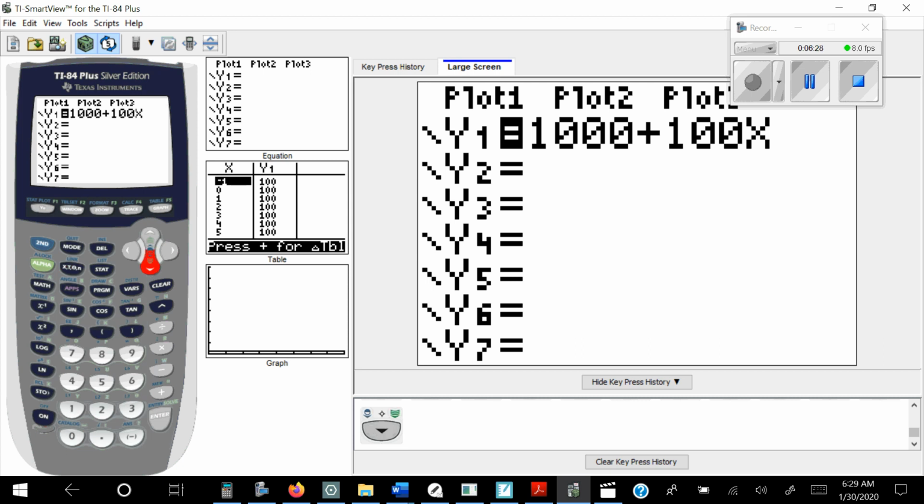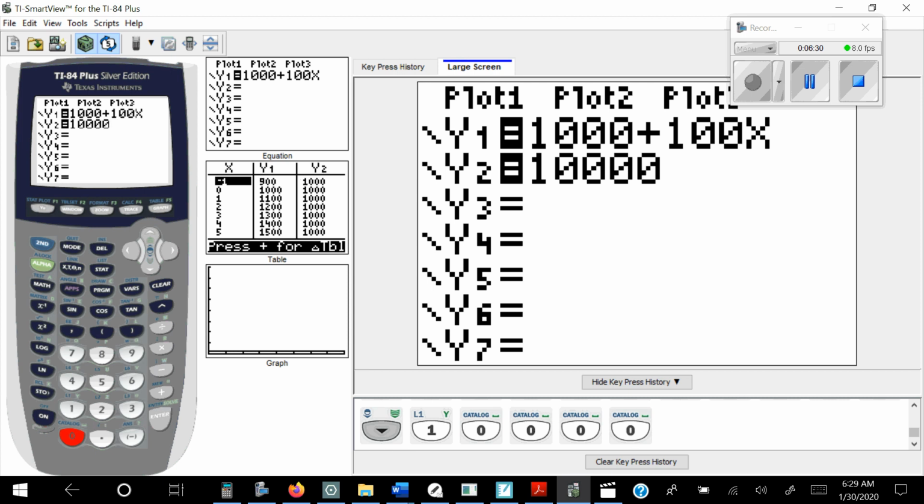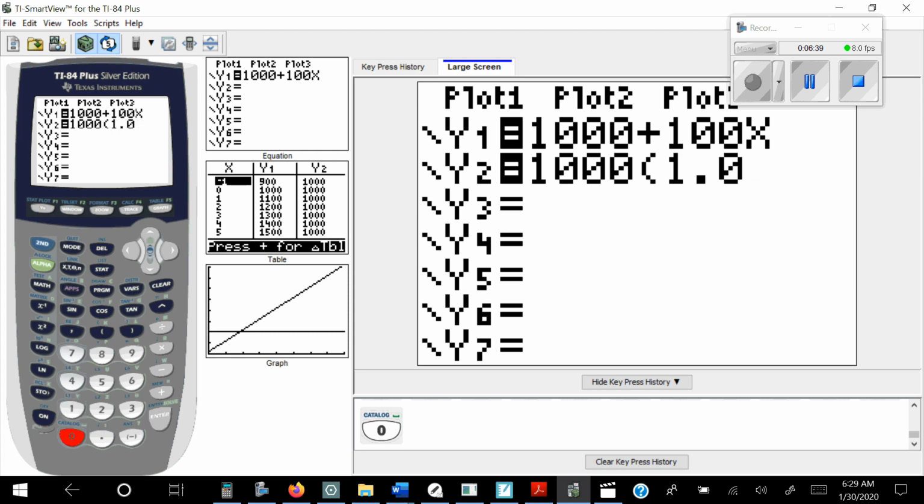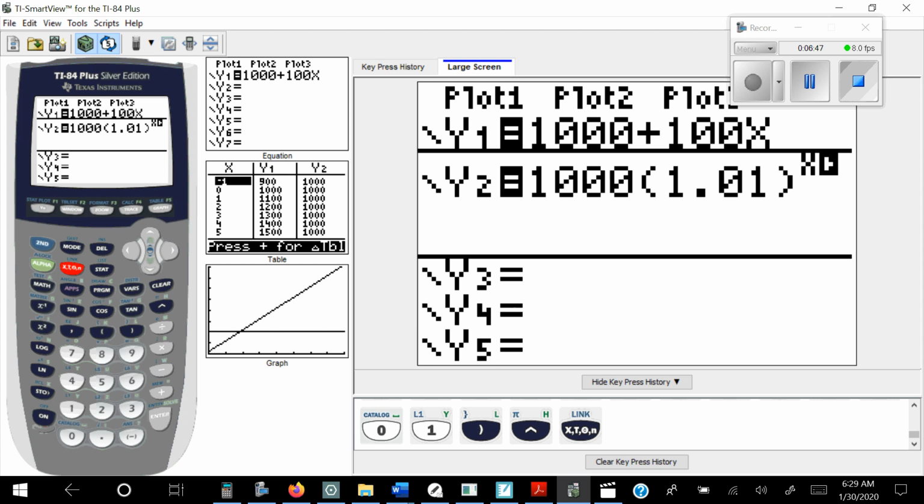And then the next function was $1,000 times the 1% raise, 1.01, and raise that up to x. Okay. And then you hit graph.